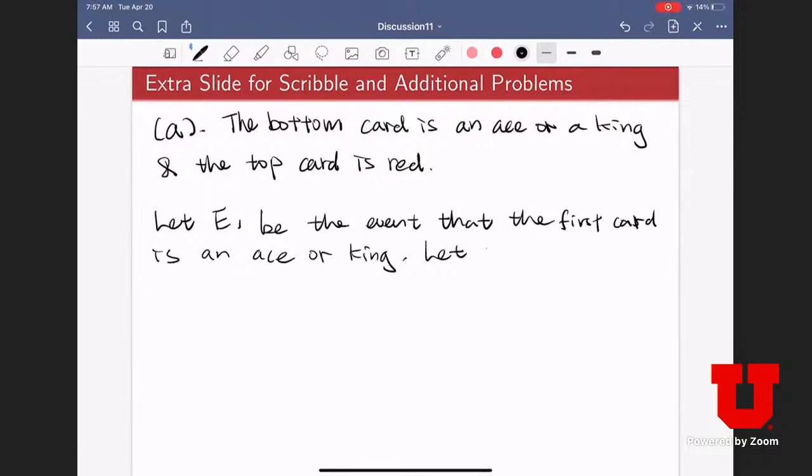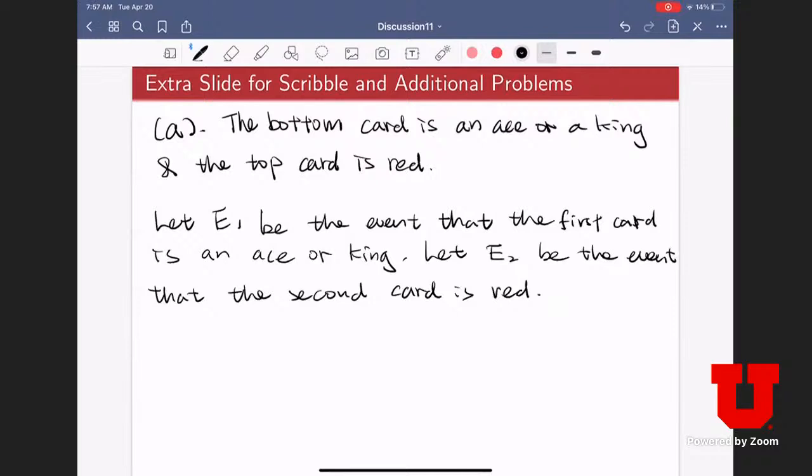And let E2 be the event that the second card, or the next card, is red.